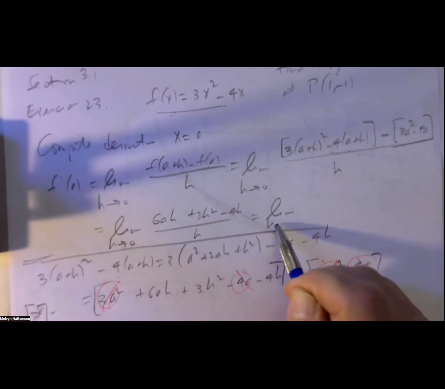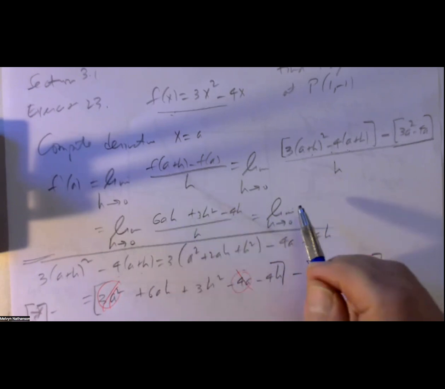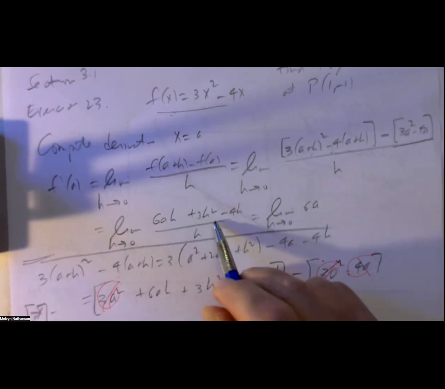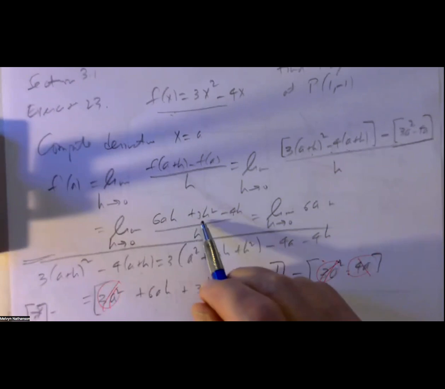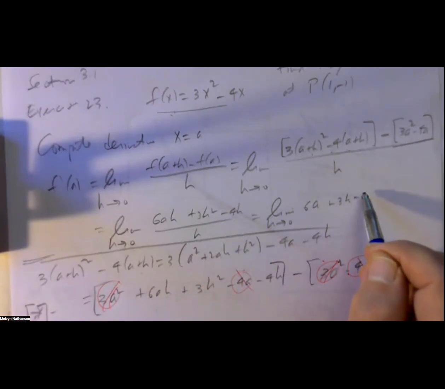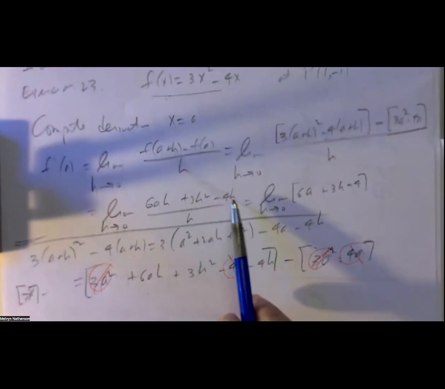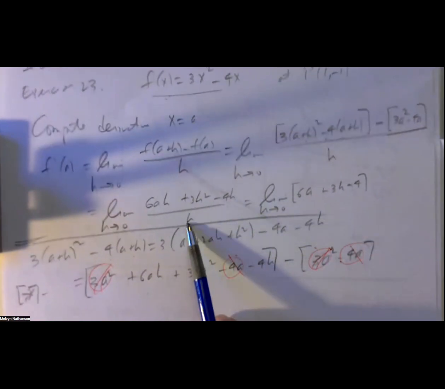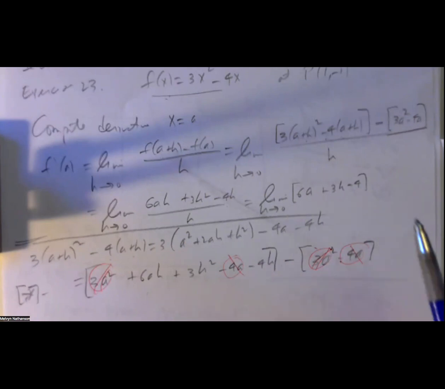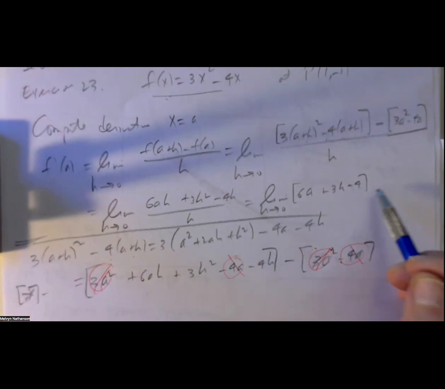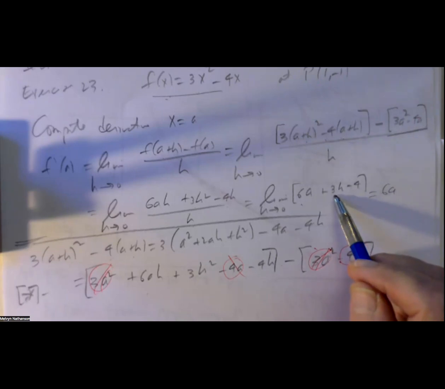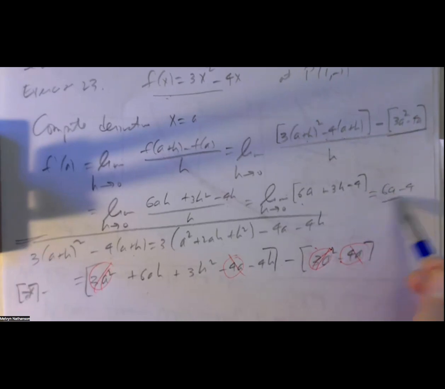So this is the limit as h goes to 0 of 6a plus 3h minus 4. Right? I factor out an h and cancel the h. And as h goes to 0, 6a is still 6a, 3h is 0, and minus 4 is minus 4.